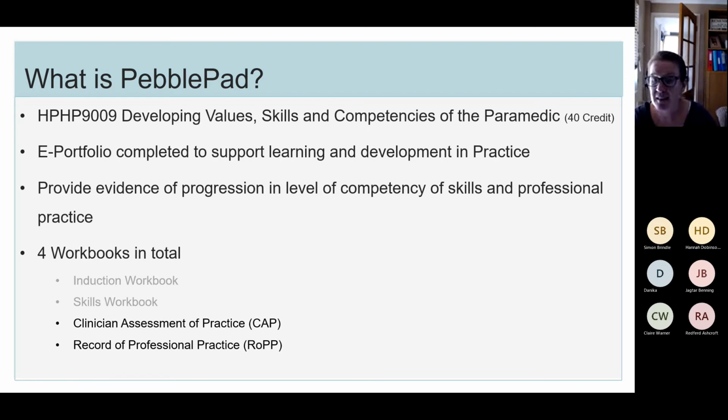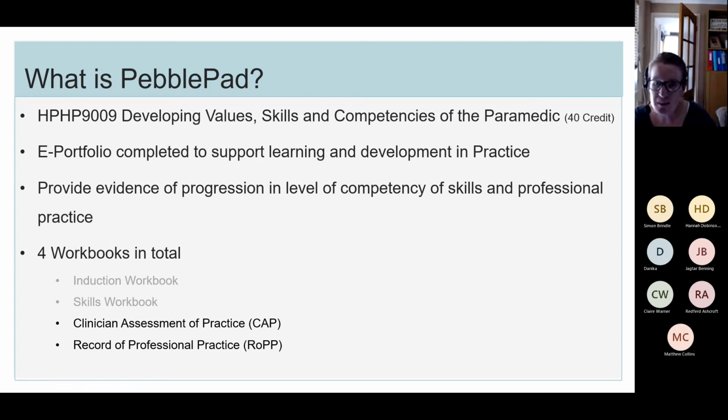But that isn't something that practice-based educators need to be concerned with. The next one along is the skills workbook. Again, that is something they complete at university. It covers the practical learning aspects they do at university alongside the academic theory. It's more of a self-assessment, reviewing how they progress, with some peer review and tutor review elements built in.